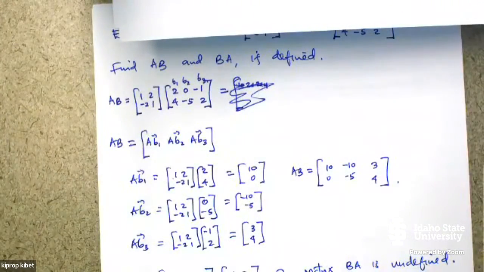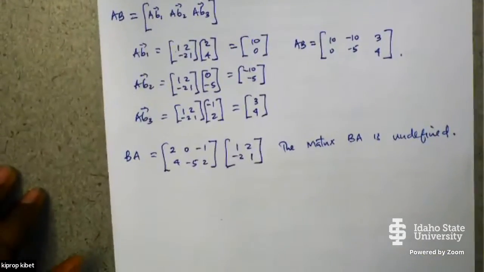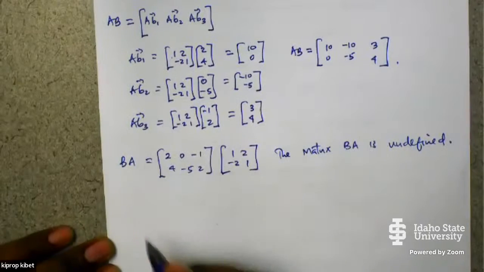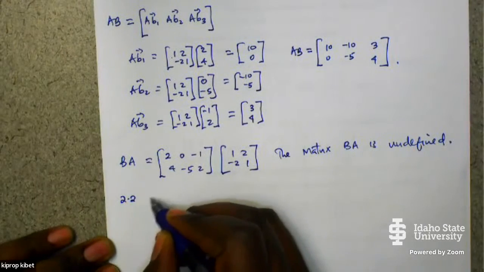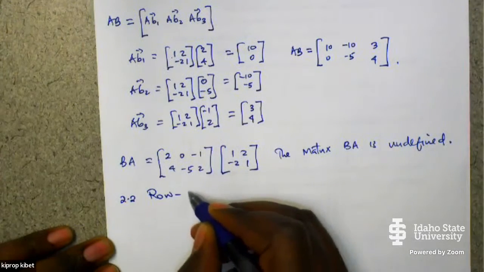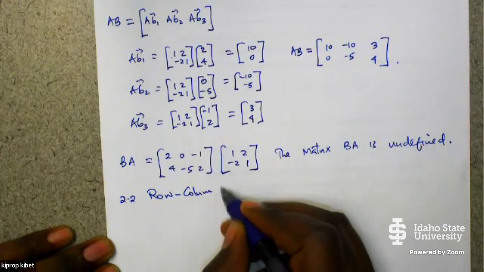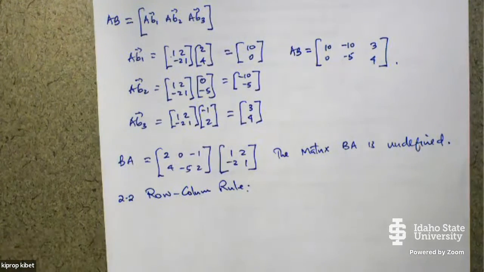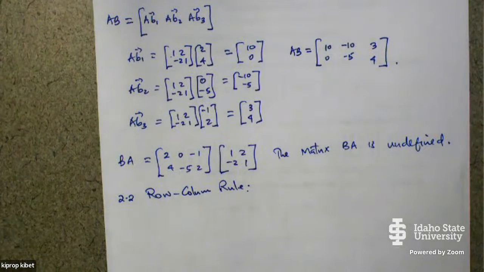We have 3 more minutes, so let's do something small. 2.2, the row-column rule.